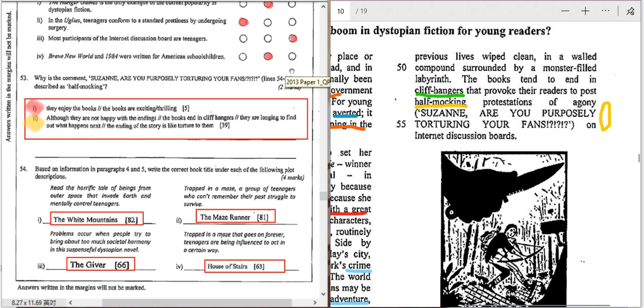Well, actually, cliffhangers are the ends of a certain episode, of a certain chapter, of a certain book that end in a certain way that makes you want to read the next episode, the next book, the next chapter as quickly as possible.